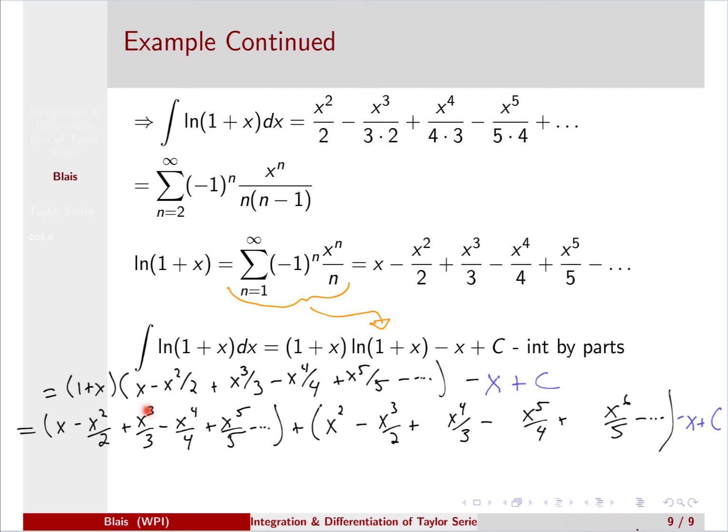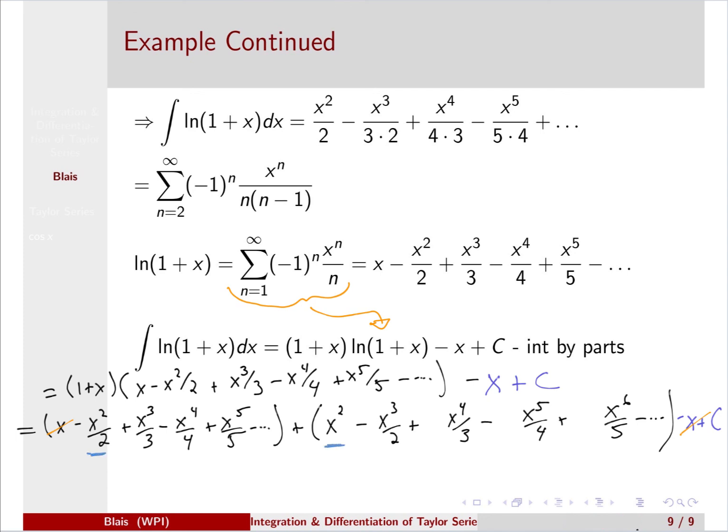And now we want to see how we can simplify this. So first note that this x and this minus x will cancel. Our plus c will stick around. And now we need to pair things up by powers of x. So for instance, here we have our x squared term, and here we have our x squared term.